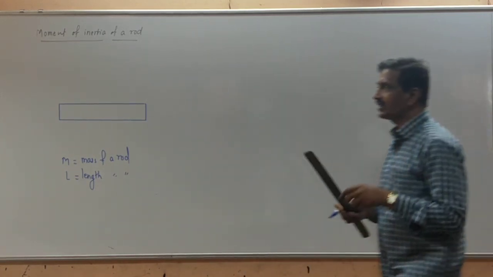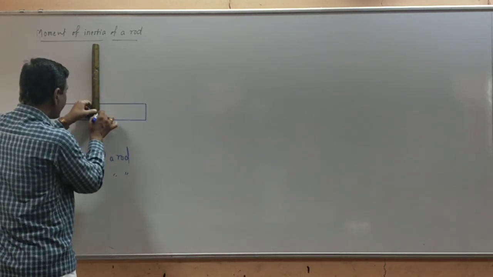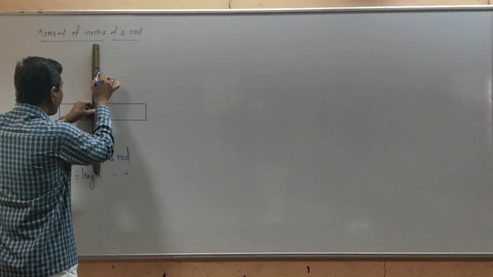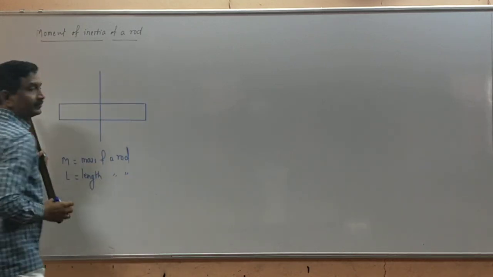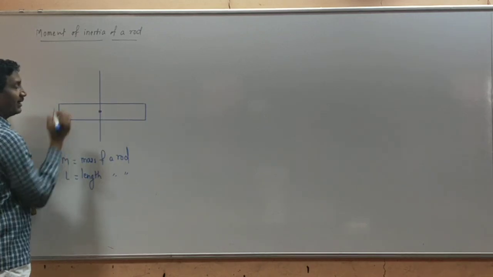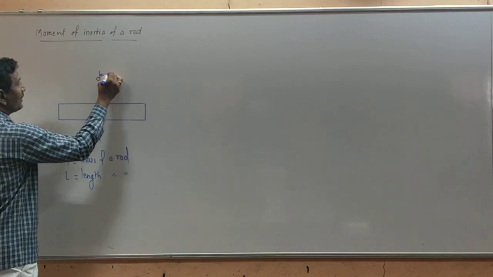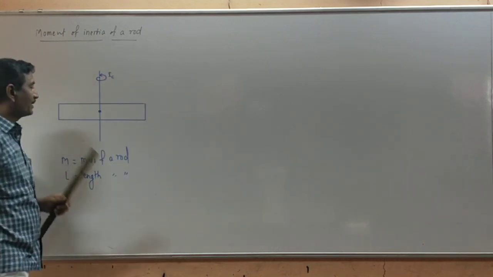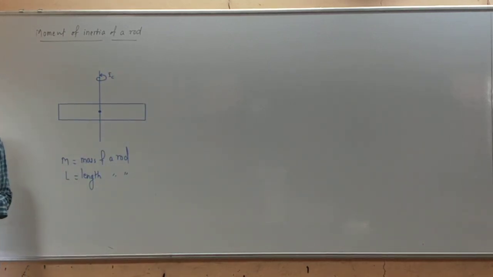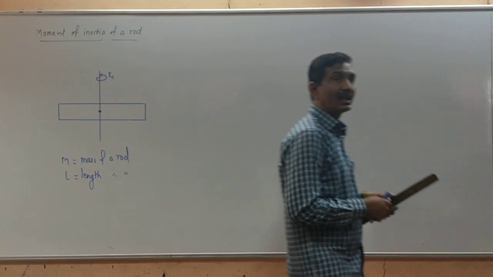The first axis we consider here is the axis passing through the center and perpendicular to its plane. So this axis is exactly passing through the center of mass M. If the rod is rotated about this axis, its moment of inertia is denoted by IC. Now here we avoid the proof because the proof is not related to our syllabus.